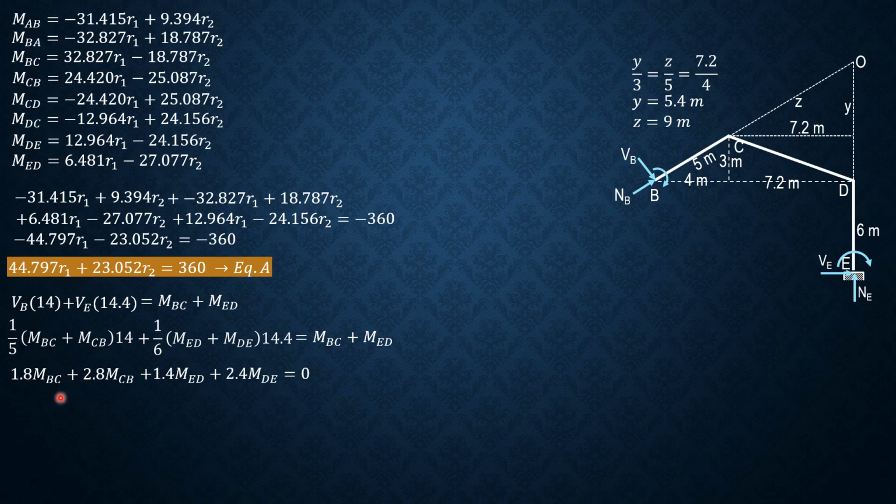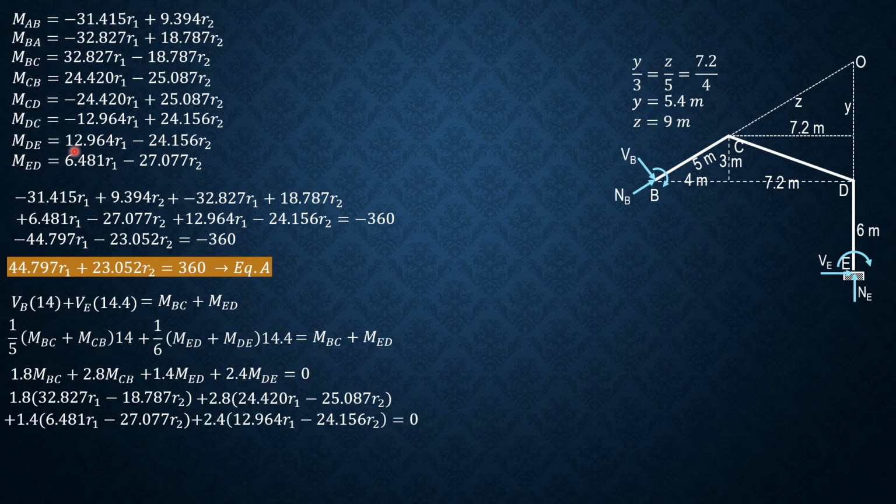Substitute the value of MBC, MCB, MED and MDE from these equations here. 1.8 of the quantity 32.827 R1 minus 18.787 R2, plus 2.8 of the quantity MCB, so 24.420 R1 minus 25.087 R2, plus 1.4 of MED, 1.4 of 6.481 R1 minus 27.077 R2, then plus 2.4 of MDE, 2.4 of the quantity 12.964 R1 minus 24.156 R2 equals 0.